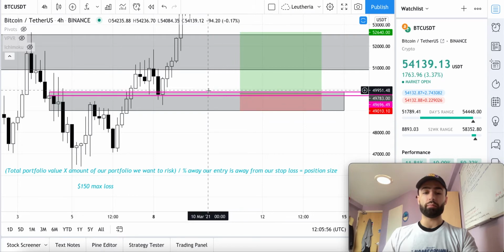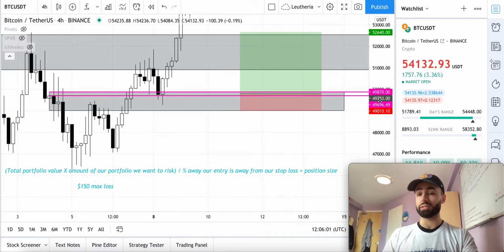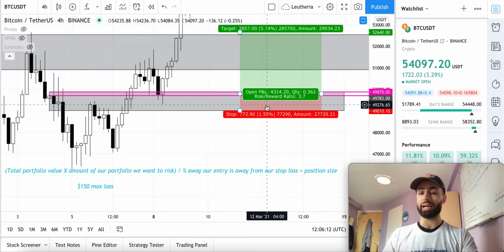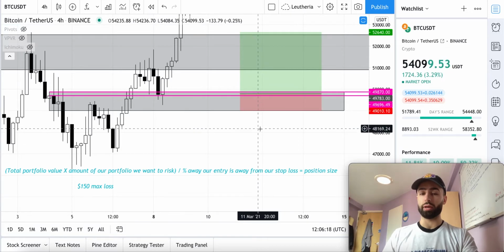So assuming that we get both of these bids filled, our average entry price is going to be $49,783, and our stop loss is going to be at $49,010.10, meaning that our stop loss in the long tool, if you've entered the coordinates in exactly as we just did, is 1.55% away from entry price.